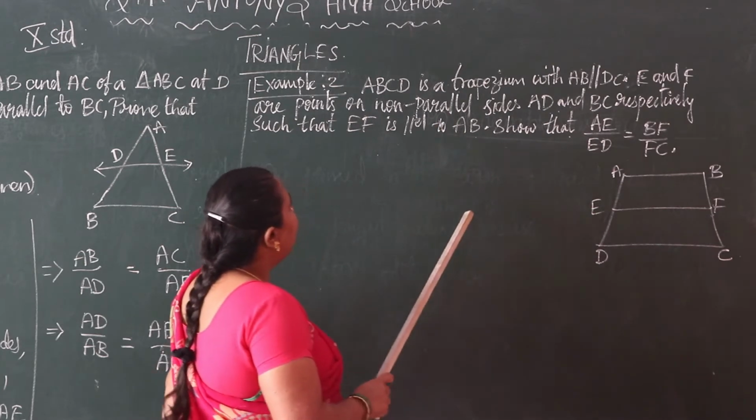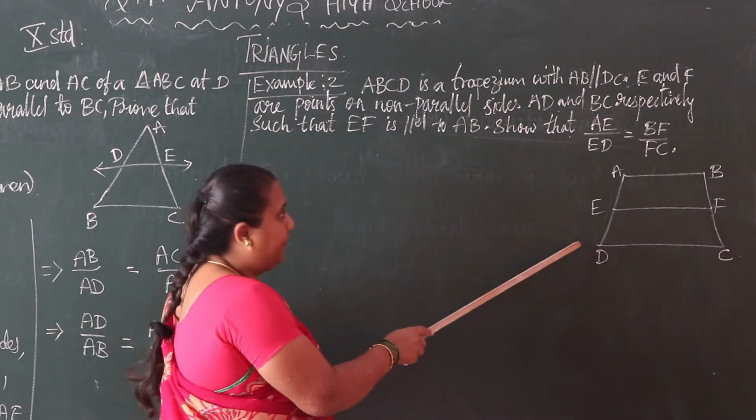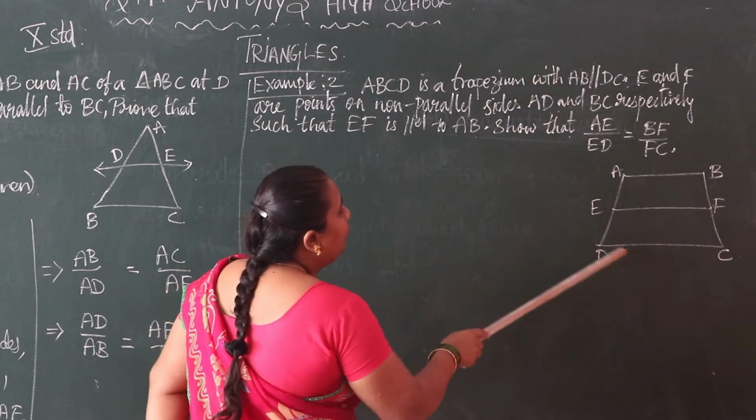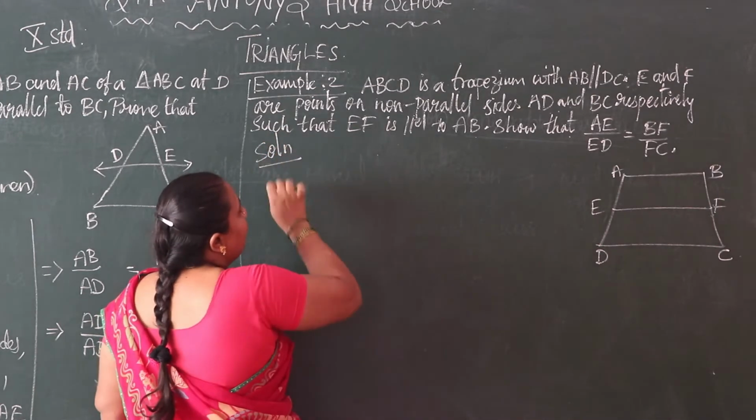Prove. See, first what is given? Solution. ABCD is a trapezium with AB parallel to DC.